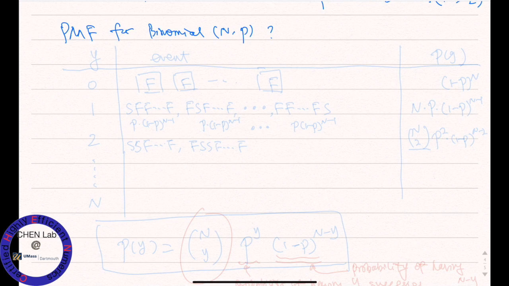So we have the little y, and then we have the probability for that y. The PMF maps value to probability, and this y can be 0. So the total of n trials, so y can be, of course, 0, 1, 2, all the way to n.